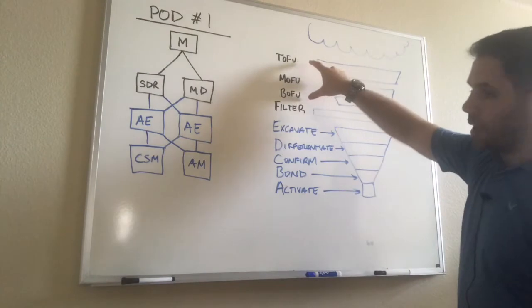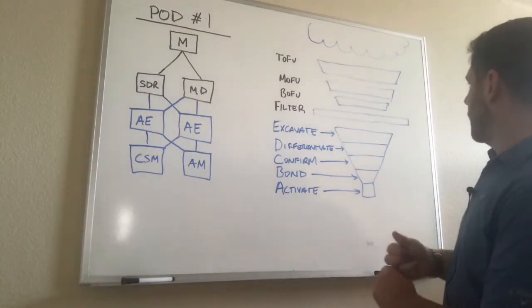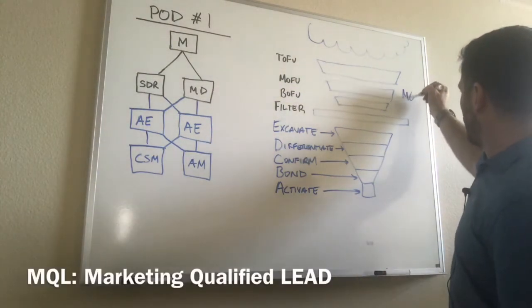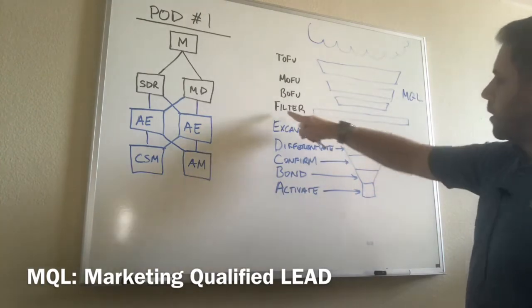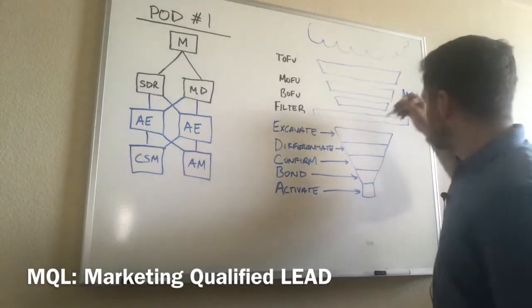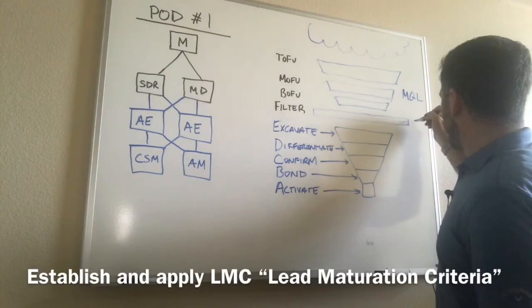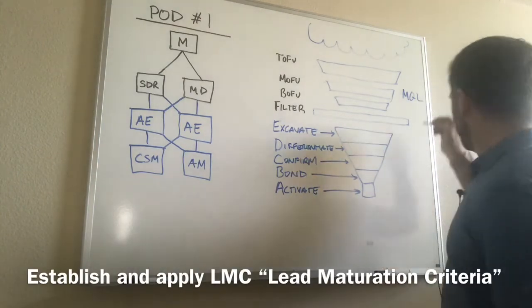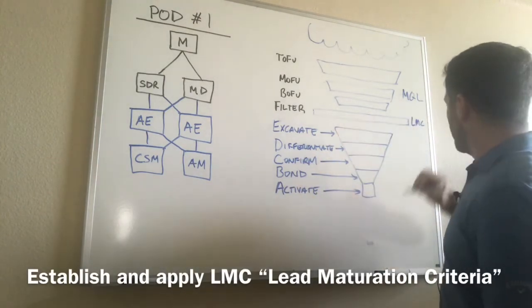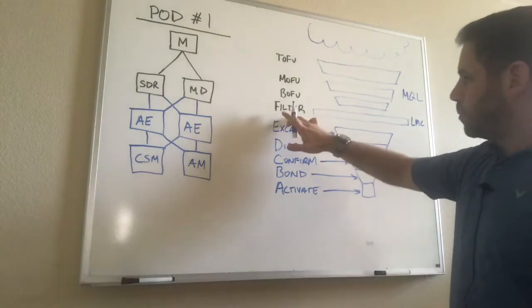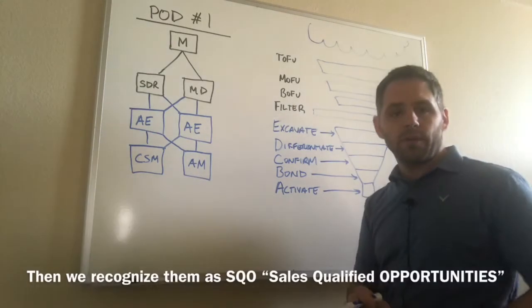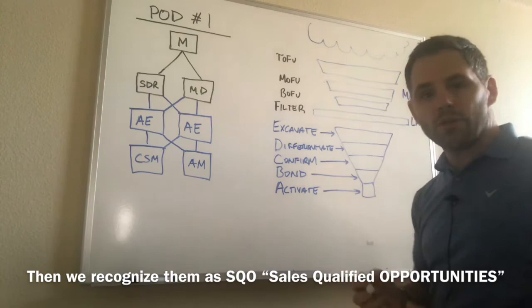You might go through the MQL phase up here, marketing qualified lead, how we go through business development teams to qualify through lead maturation criteria. I'll put LMC, and then successfully passing through the filter, the predefined lead maturation criteria.